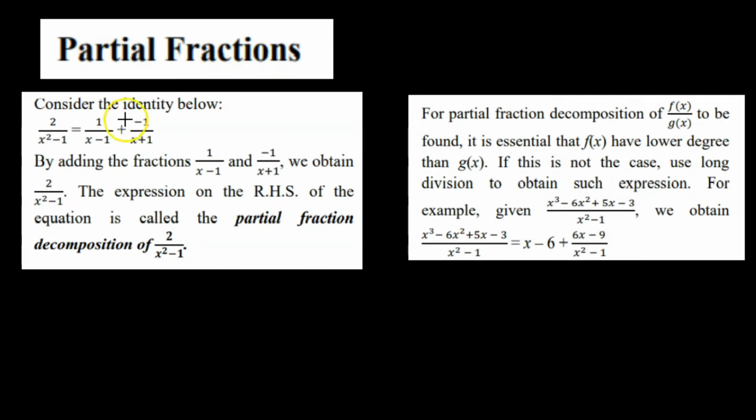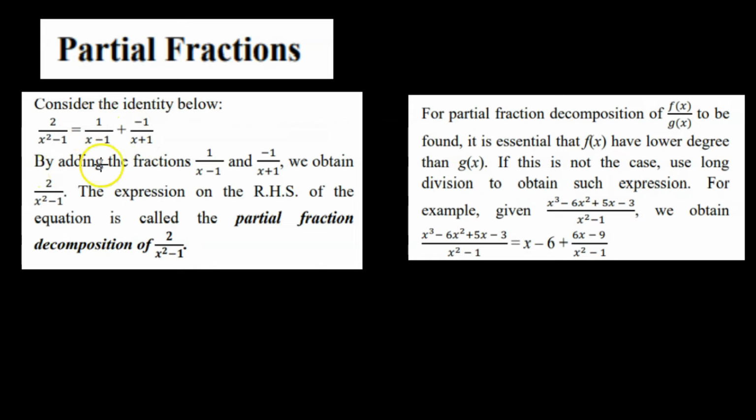So we can consider a particular rational function as 2 over x squared minus 1. When you split it into partial fractions, it becomes 1 over x minus 1 plus negative 1 over x plus 1. Then the question is, how was this done? That is what we'll be doing in a few minutes.